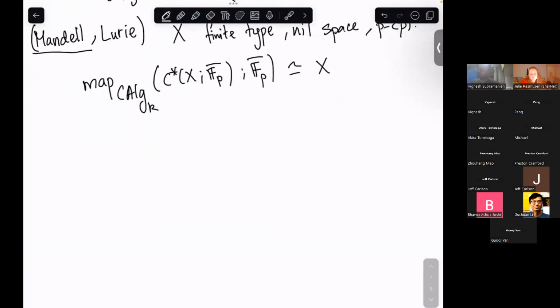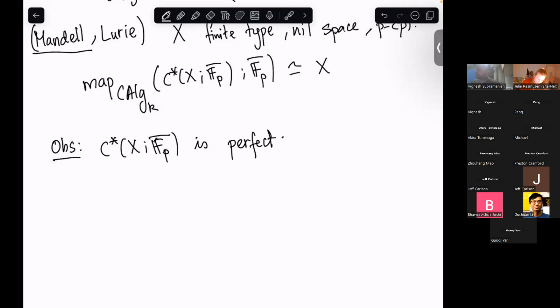So this is one theorem, and the observation also is that this algebra is perfect. This is something that you can prove, that Q0 acts by isomorphism.